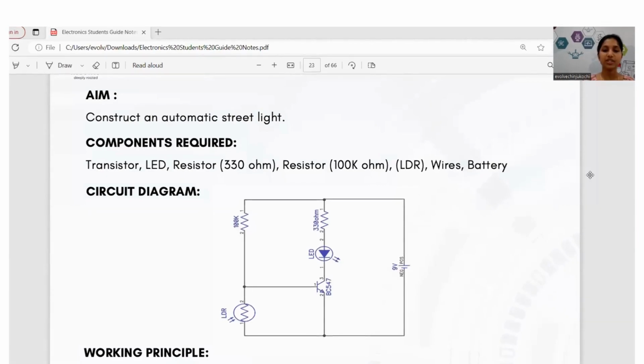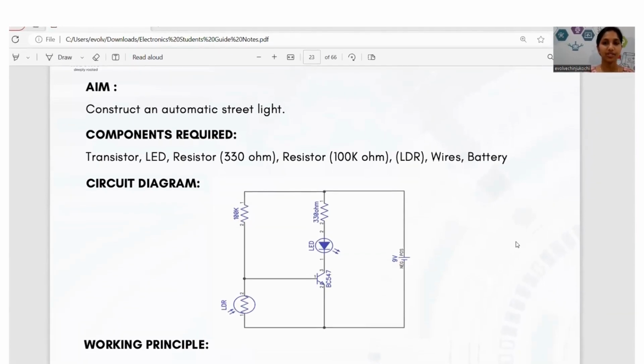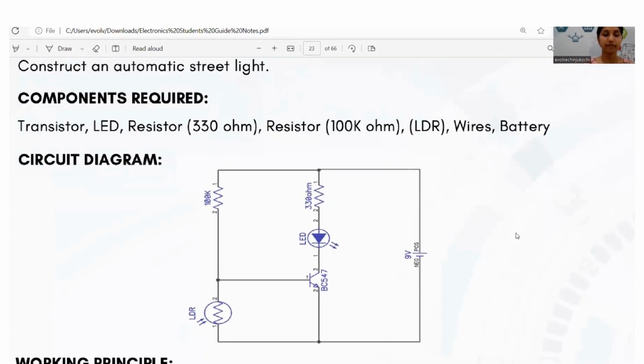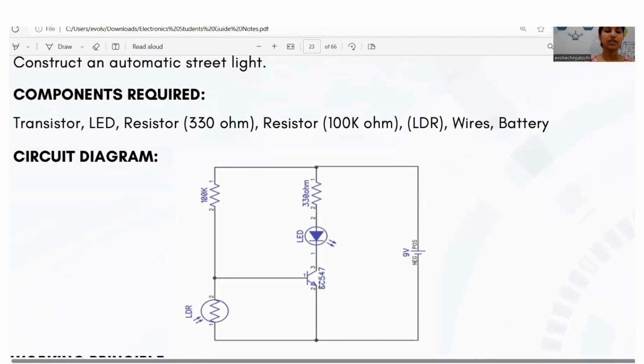Okay, so this is the circuit diagram of the system. Here, for representing all components we are using symbols. So this represents a resistor, and here we are using two resistors. This is the pictorial representation of an LED, having two arrows to the outside.